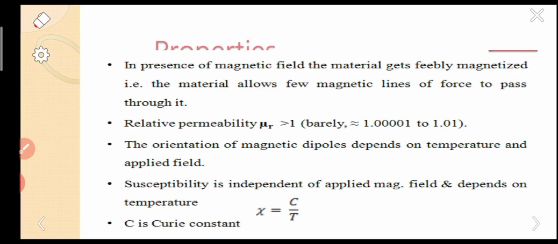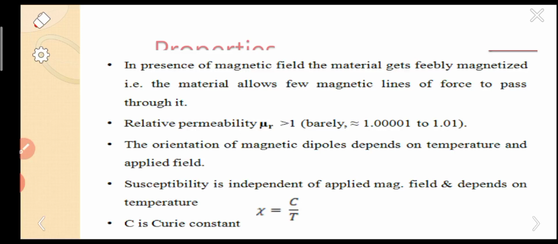Whenever we increase the temperature, thermal energy increases, and the dipoles tend to align in random directions. Automatically the magnetism will decrease.